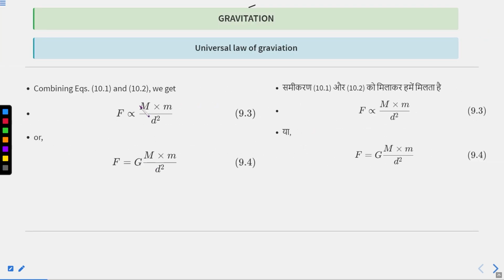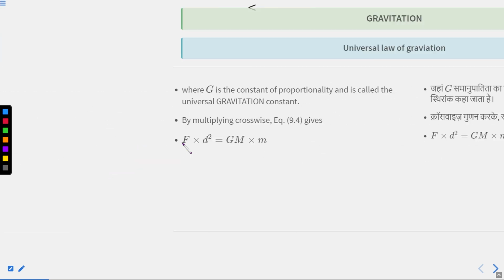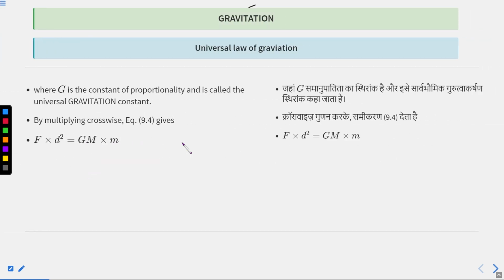So force will be G M m divided by d square, where G is the universal gravitational constant.